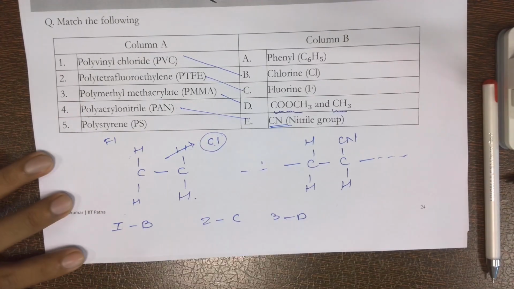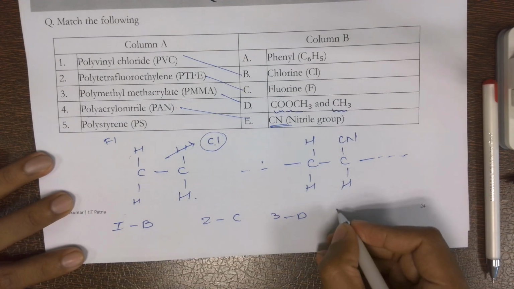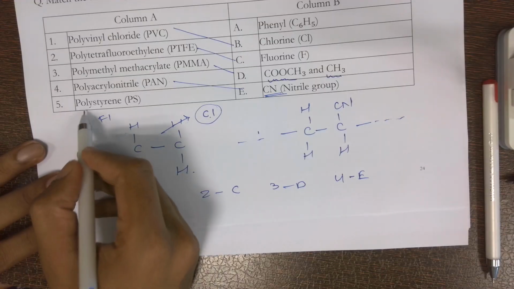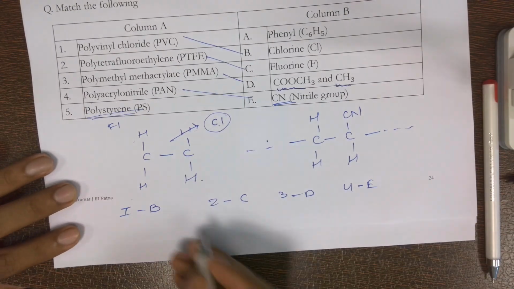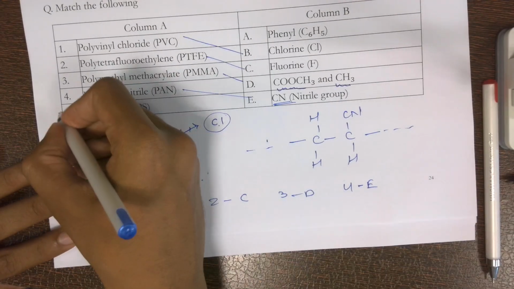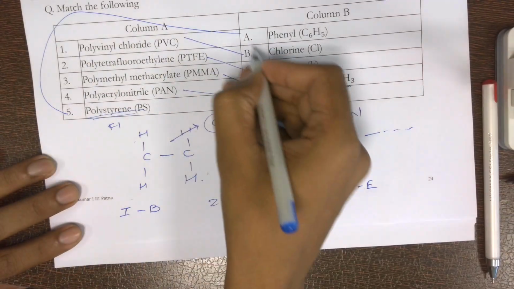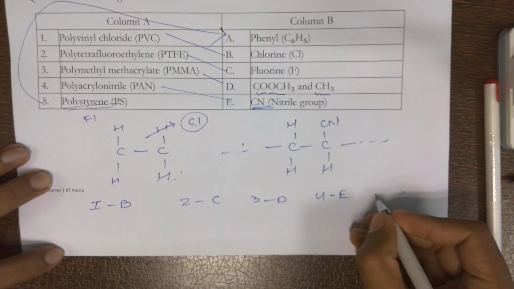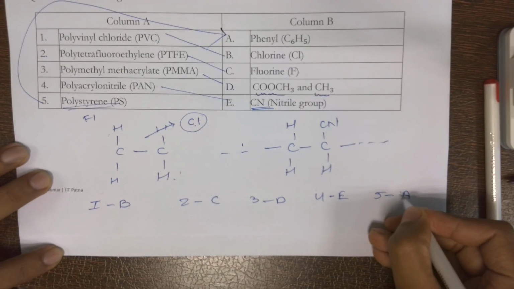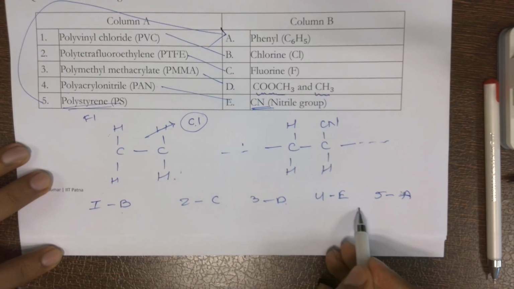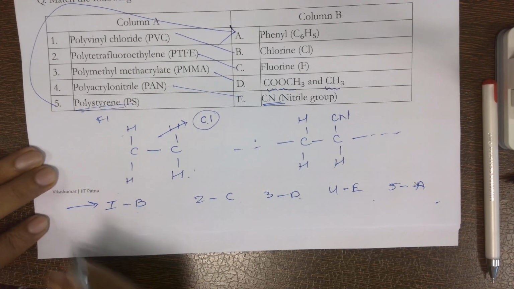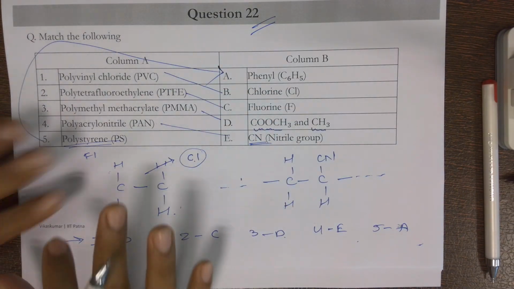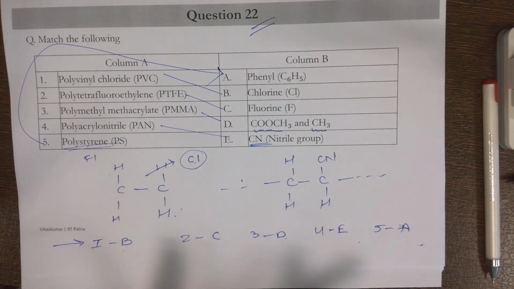Fourth one is going to match with E. Now let's see polystyrene. If instead of hydrogen I replace with a phenyl group, it is going to match with A. So A is the right answer over here. Let's solve this question number 22. It is just based upon the knowledge.